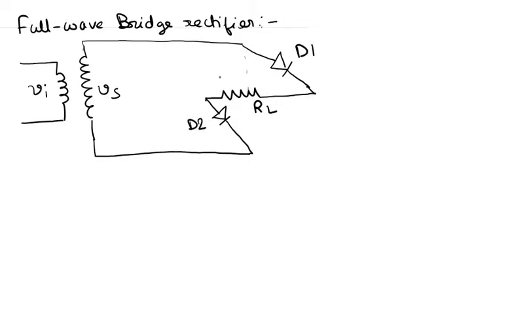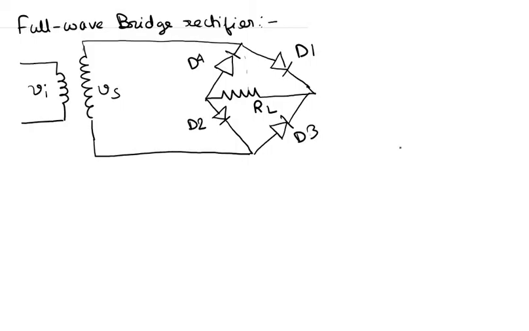Okay, and then we have another diode here which is connected in an opposite fashion to D1. So let us call this D4, and we also have another diode here which is again connected in an opposite manner to D2. So let us call this diode D3.